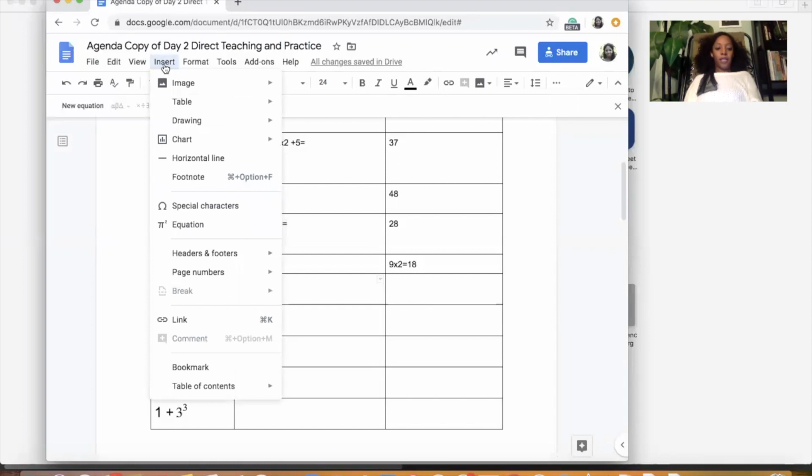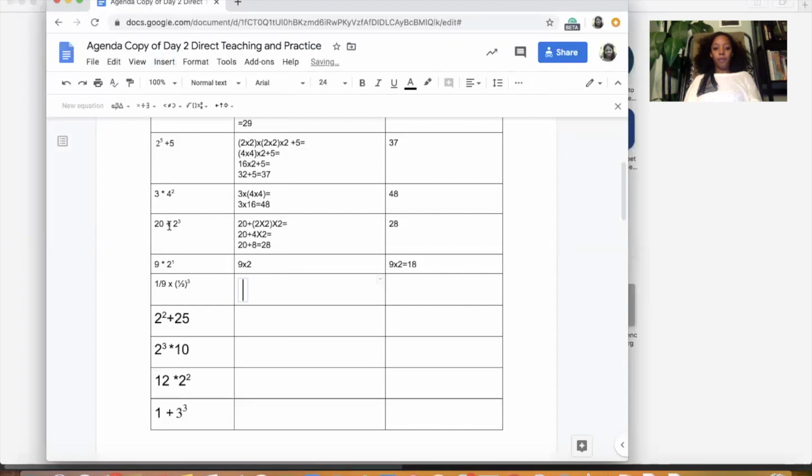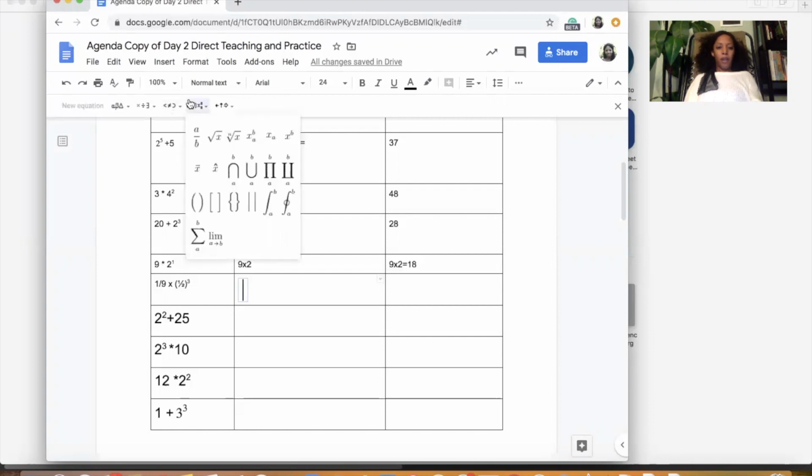Once I find insert, I'm going to click on the word equation. After I do that, I'm going to go to the top where it says Greek letters and move to the right, past miscellaneous operations, past relations, and to where it says math operations. There I should find the fraction a over b.